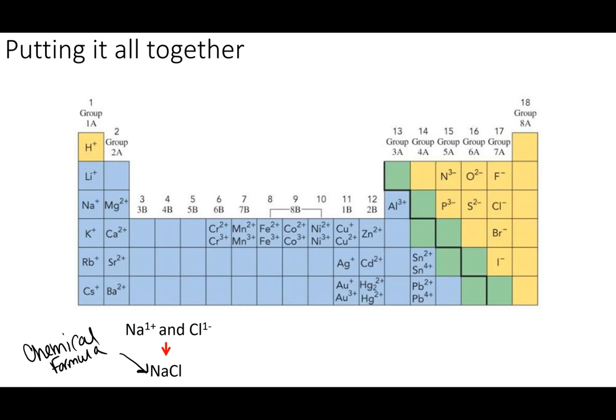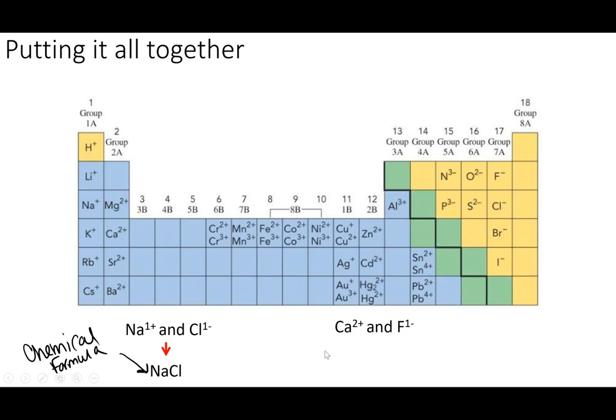When we write a chemical formula for ionic compounds, it must be electrically neutral. Positives have to balance out negatives. It cannot have an overall charge. This one works out: +1, -1, they balance each other out.